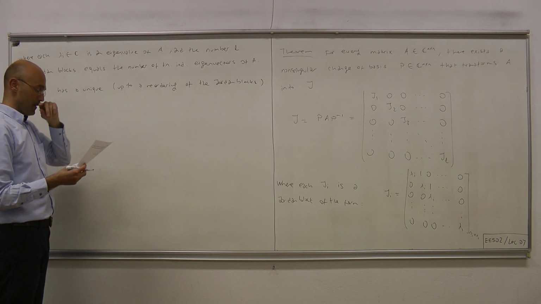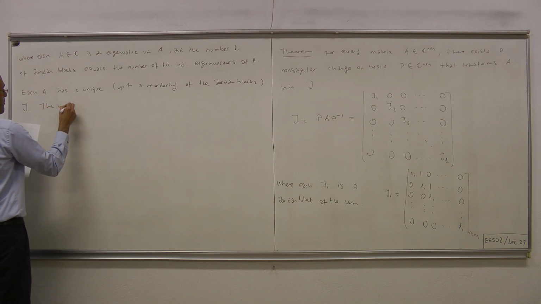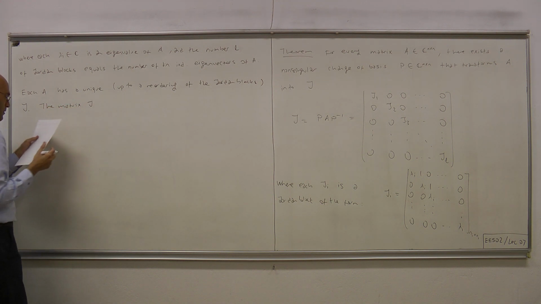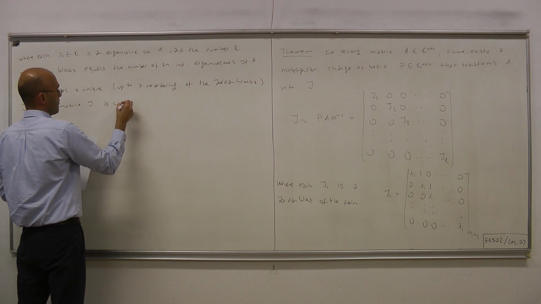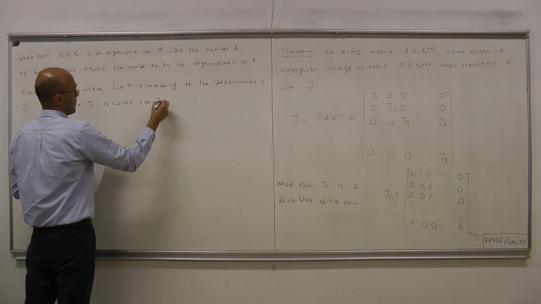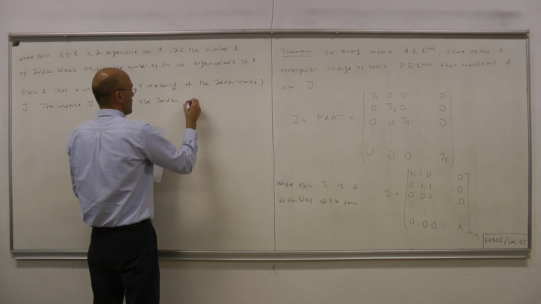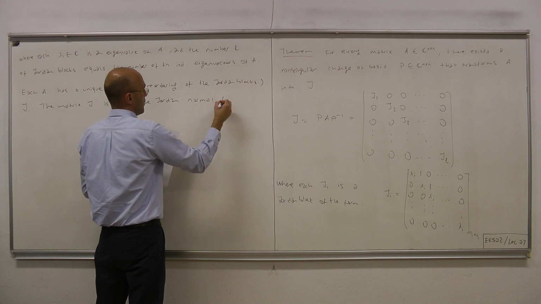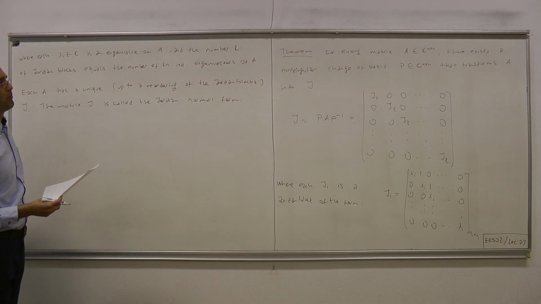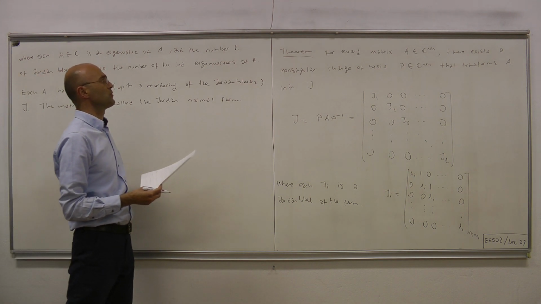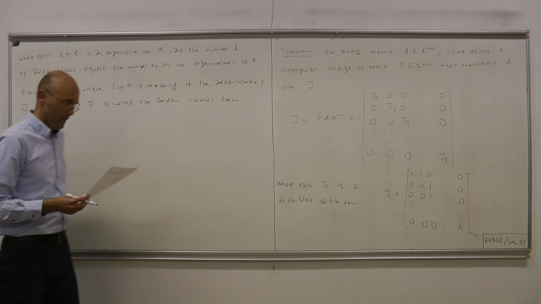With this remark kept in mind, matrix J is called the Jordan normal form, or simply the Jordan form. Okay, so this theorem that we borrowed from 541 will be very helpful in our analysis.